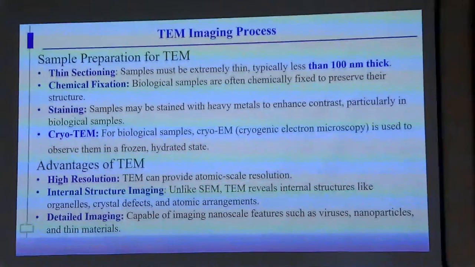You should have chemical fixation, especially for biological samples, so they are chemically fixed to preserve their structure. Then staining: some samples may need staining with heavy metal to enhance the contrast, especially biological samples.